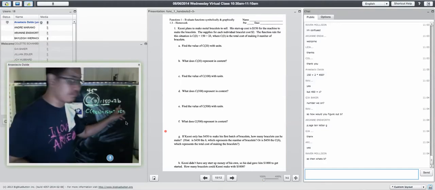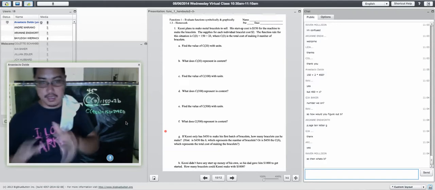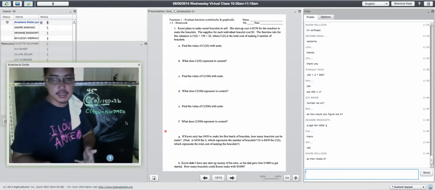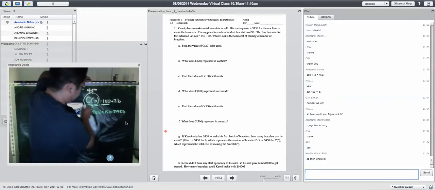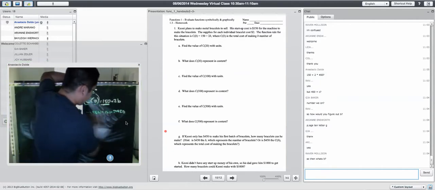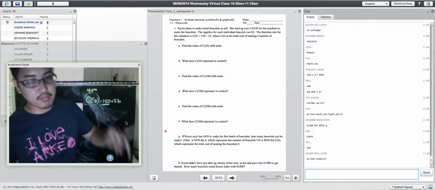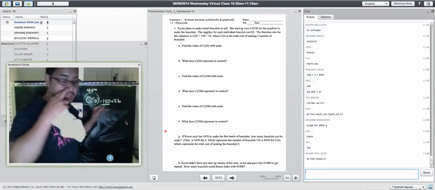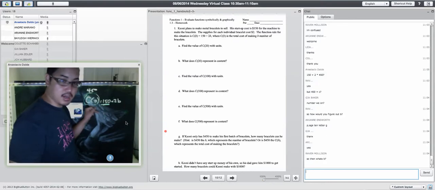B represents bracelets. So what this question is actually asking is a little backwards. Parts A, B, and C were saying, if I told you the number of bracelets, how much would it cost? So it gives you B, asks for a cost.